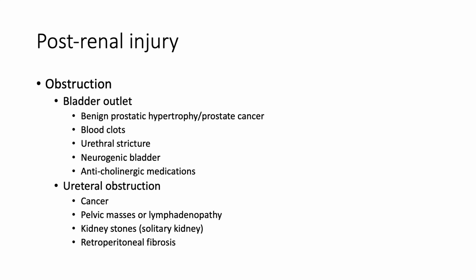And then you could have ureteral obstruction either by a cancer or other pelvic masses or bulky lymphadenopathy. Kidney stones can cause obstruction. Typically, they're not going to cause a kidney injury unless the patient has also got something else going on, or they only have one kidney, because if you obstruct the ureter on one side, the other side's usually fine.